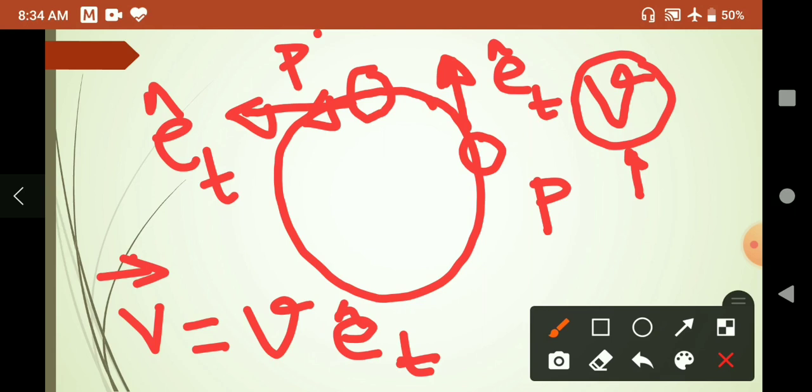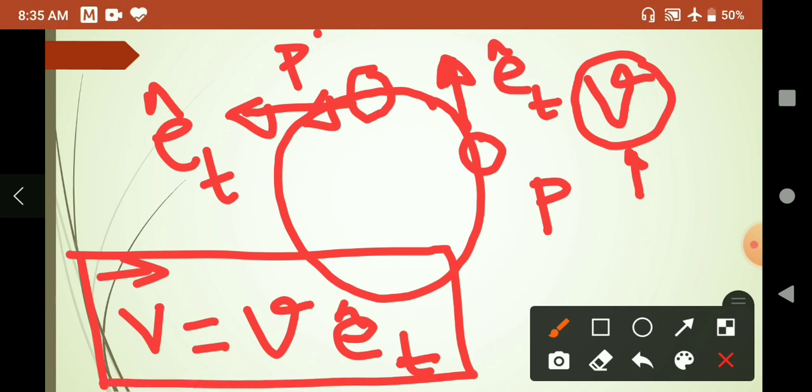So when you consider a particle undergoing rotational motion, the direction of its velocity will always be tangential to the curve at that point. Okay, so this understanding is very important. When we discuss the acceleration part, I'll be telling you about the acceleration of a particle undergoing curvilinear or circular motion. Right now, please understand this concept, that is, velocity.